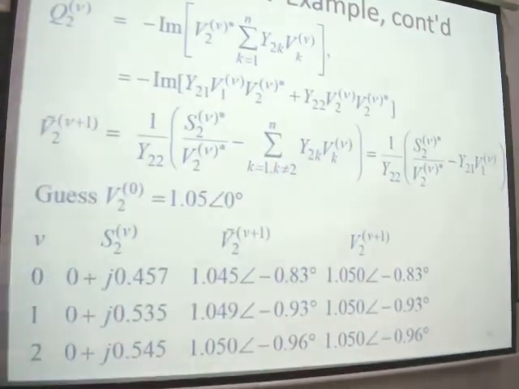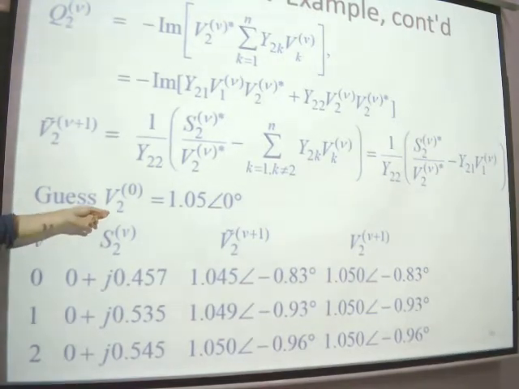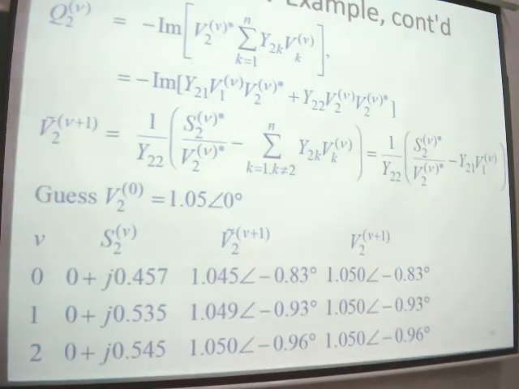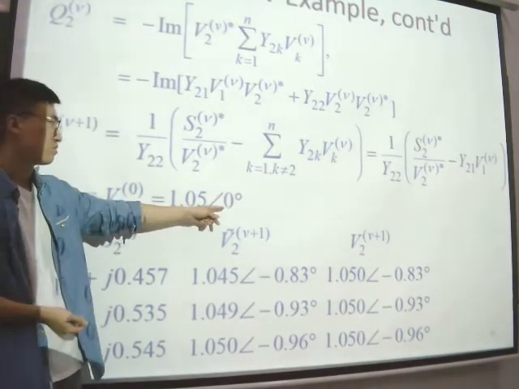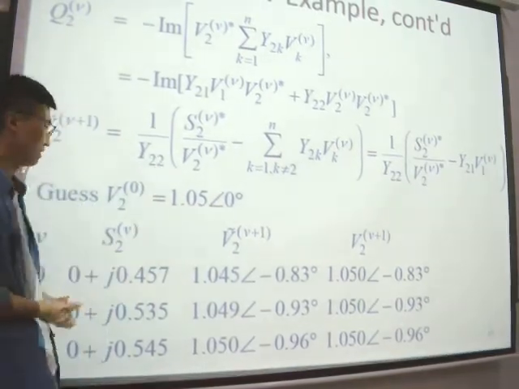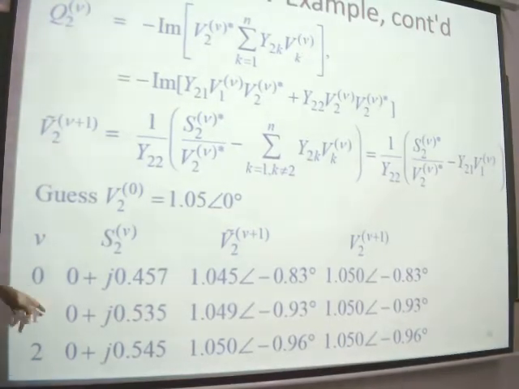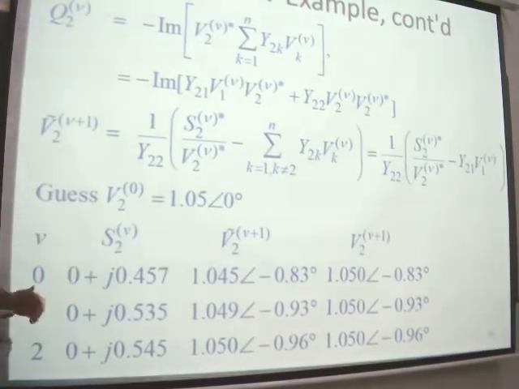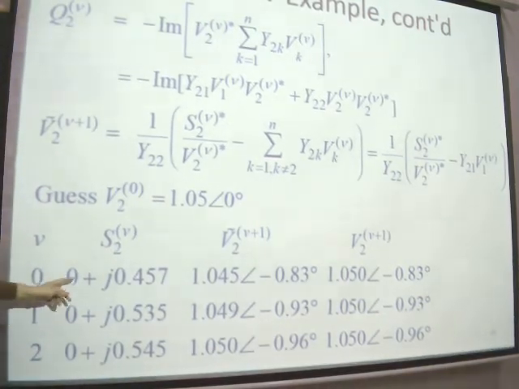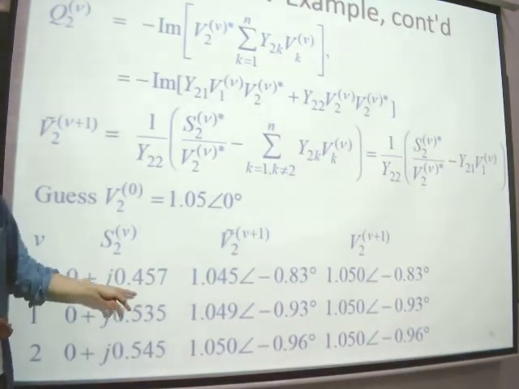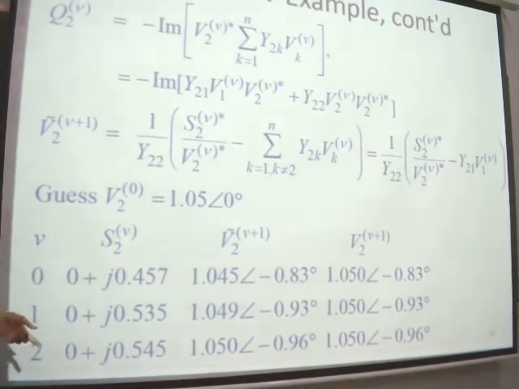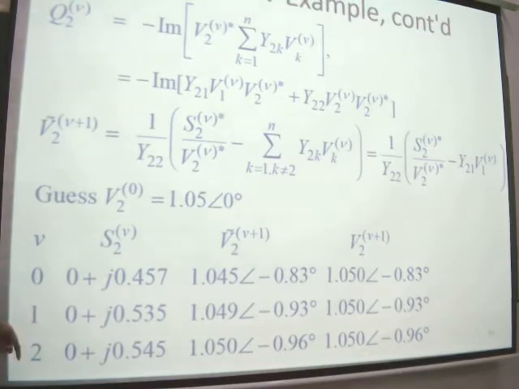And here we are in the same guess, 1.05 as the initial guess. In that case, we know the magnitude, and not knowing the angle, we assume it is 0. By each step, we are only focusing on the imaginary part of this complex power, the reactive power, and the real power is 0.